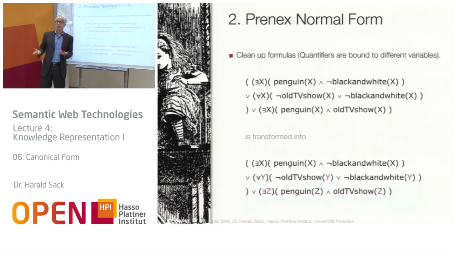Therefore, we simply have to clean up the formulas. It means the quantifiers, you see here, they are all bound to the same variable. To clean it up, we bound it in each single part of this formula to another variable. So here we take x, for the second part here we take a y, and for the third part we take a z.